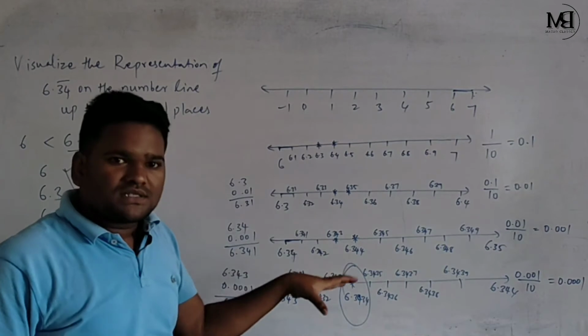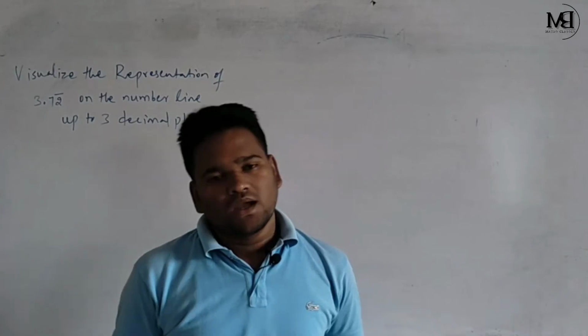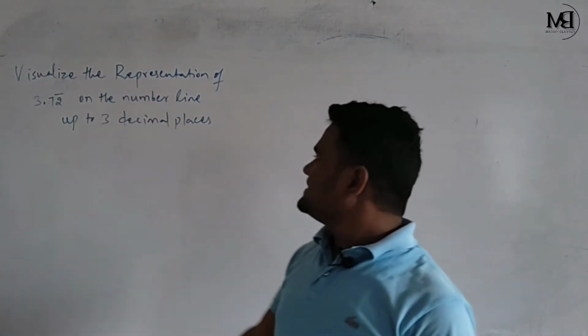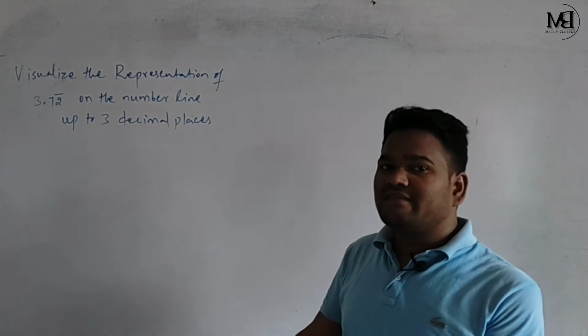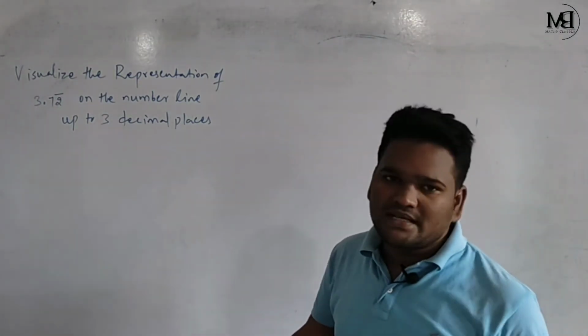This process I am going to show you digitally also. You just watch it. Let's see one more example, children. Visualize the representation of 3.72 bar on the number line up to 3 decimal places.